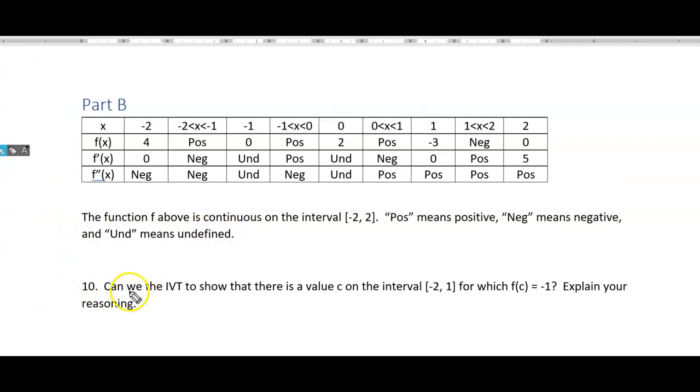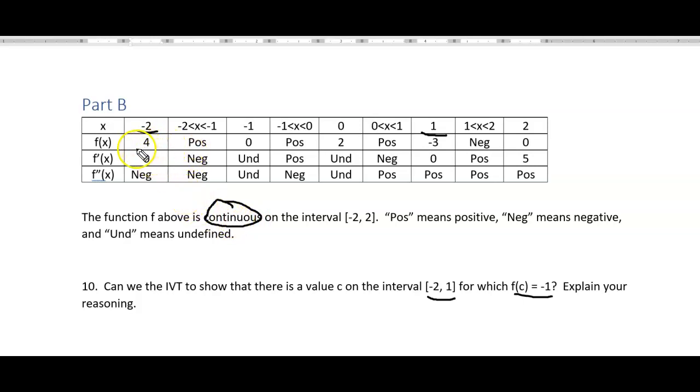So number 10 is another IVT question. This time we want to know, is there a place on the interval from -2 to 1 where the function equals -1? So as we're going from -2 to 1, we know that the function is continuous, and that's all that's really required for the intermediate value theorem, so we're good there.